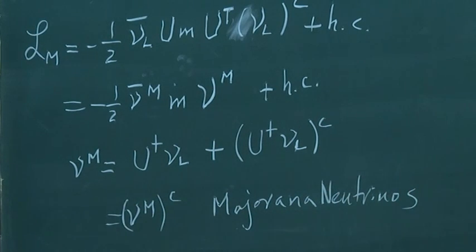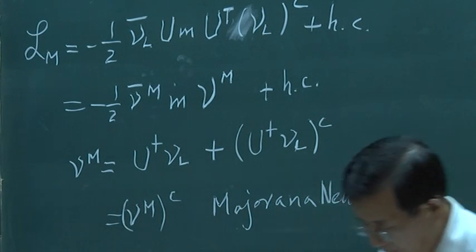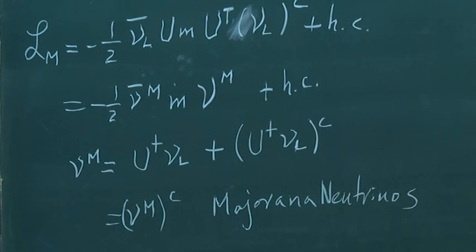The neutrino and its antiparticle are the same. That's where we stopped last week.